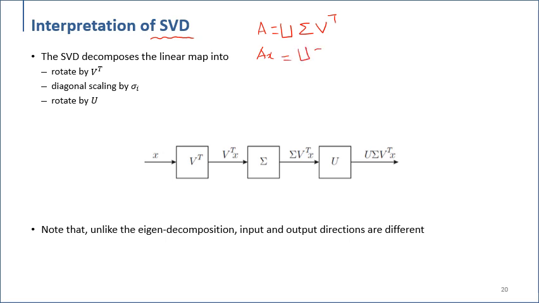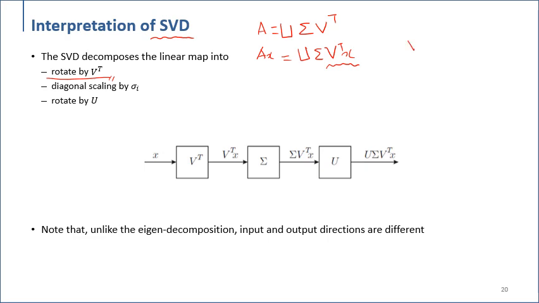So here, when we multiply the x vector, it's a kind of linear mapping. We multiply V transpose with x first, so first we need to rotate. V transpose x is nothing but the rotation by V transpose.